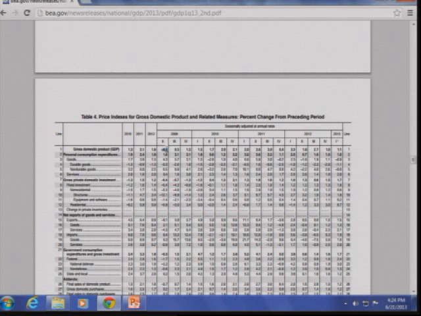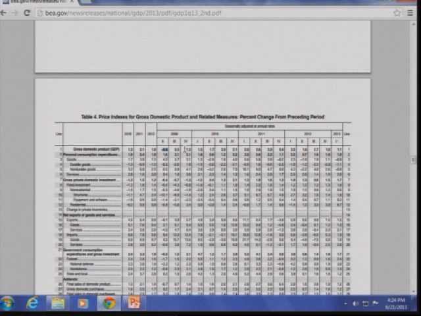Now when you see a negative number here, you might have had to calculate a percentage change formula before in chemistry, or we used a percentage change formula when we were calculating inflation. You might recall that when we were calculating the inflation rate, it's this year's CPI minus the previous year's, divided by the previous year's.